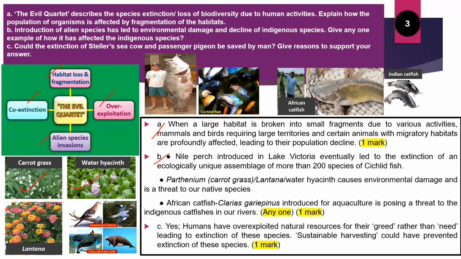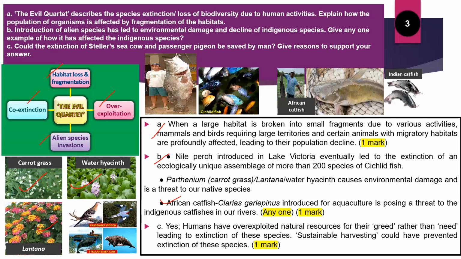These are very common. You can check all around. Then also you have something called African catfish. It was basically introduced for aquaculture, but it turned out that it poses a huge threat to the indigenous catfishes in our rivers. So any one example you can cite here.